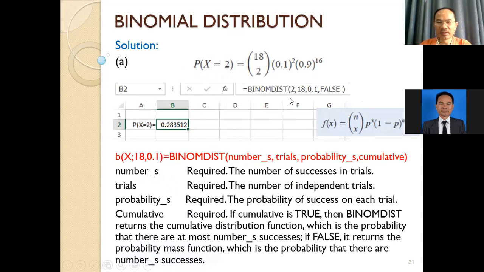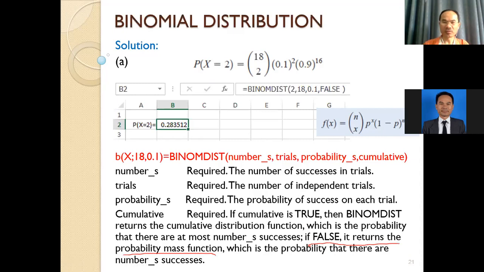You have to enter x, the number of successes, then the number of the sample, n, and p, the probability of success. And there are two options, false and true. For this case, we choose false because true is the cumulative. We calculate the probability mass function, so you have to choose the false value.